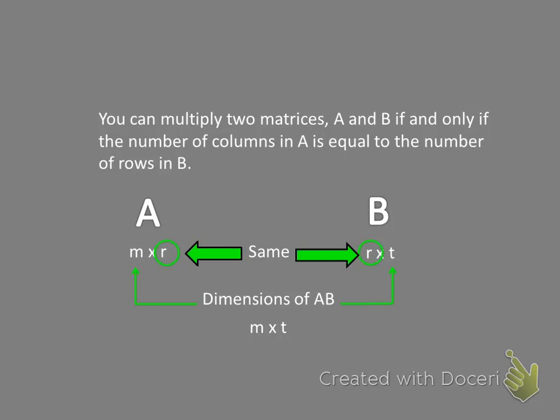That's all there is. If you do it row by column, in order to multiply matrices together, the inside two numbers of the dimensions have to be the same. That's all there is. Does that make sense? If it goes rows by columns, your inside numbers have to be the same.